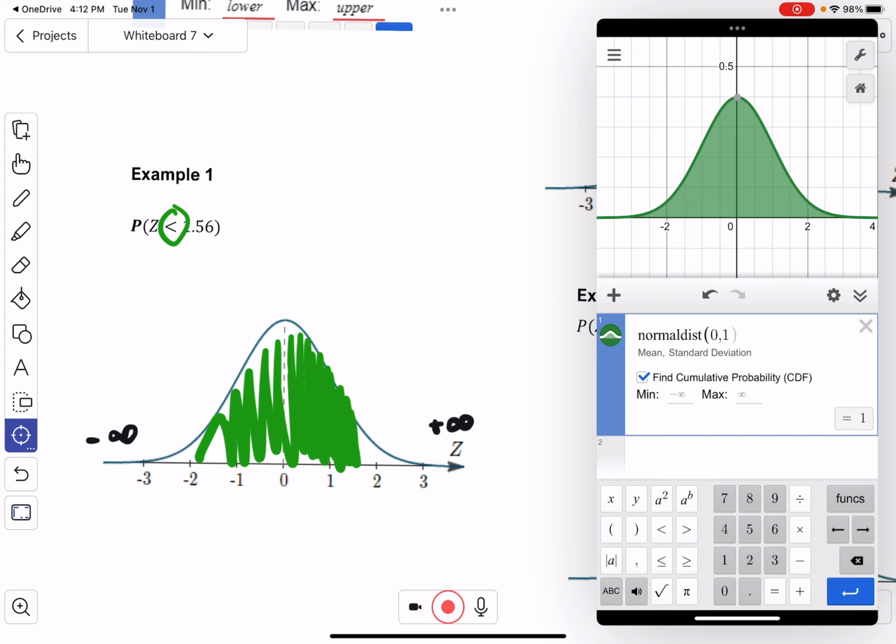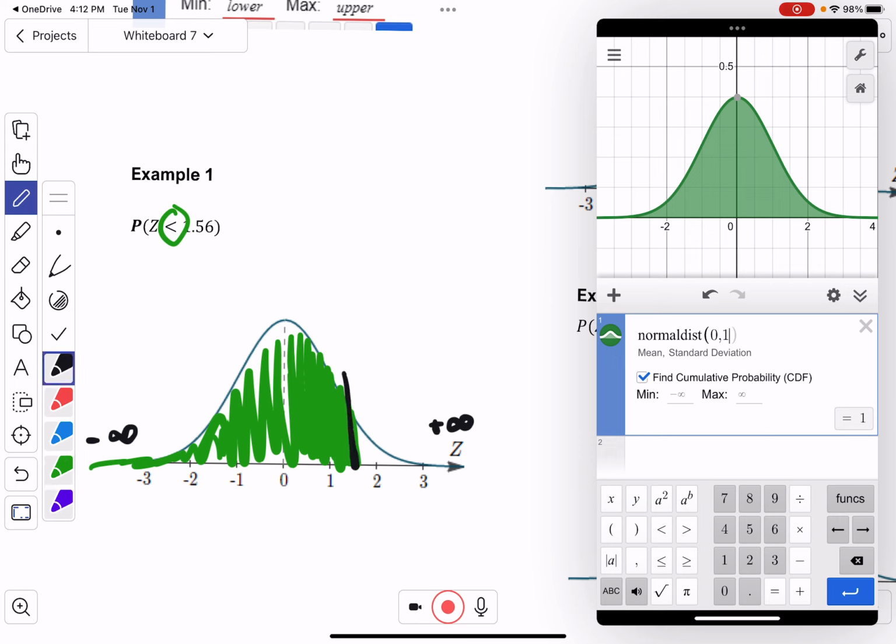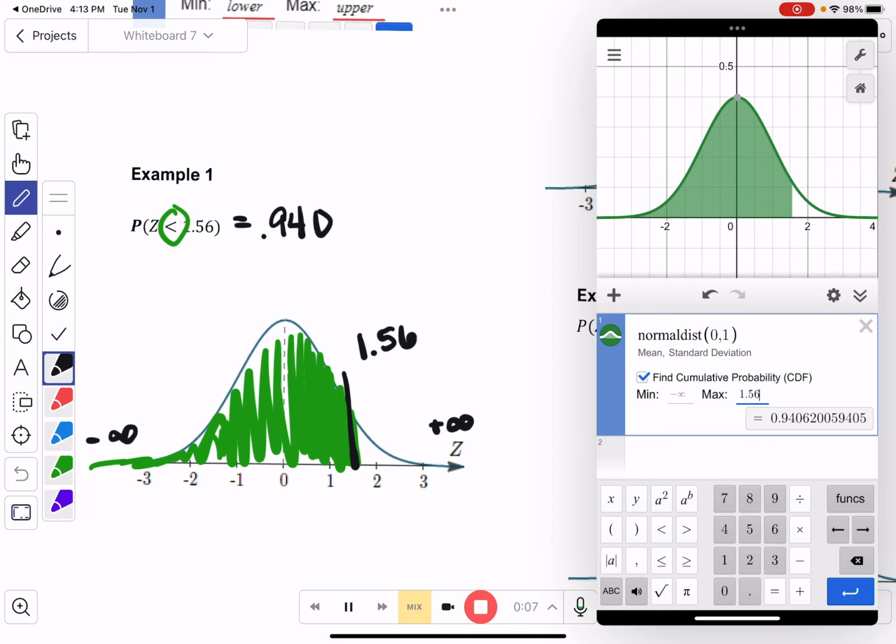Because this curve goes on forever, the shading goes all the way out to negative infinity, so our lower bound stays at negative infinity. But we're stopping it at this z-score, 1.56. So the maximum we're going to go up to is 1.56. When we do that, we see that our actual area, or the percentile, is 0.9406.